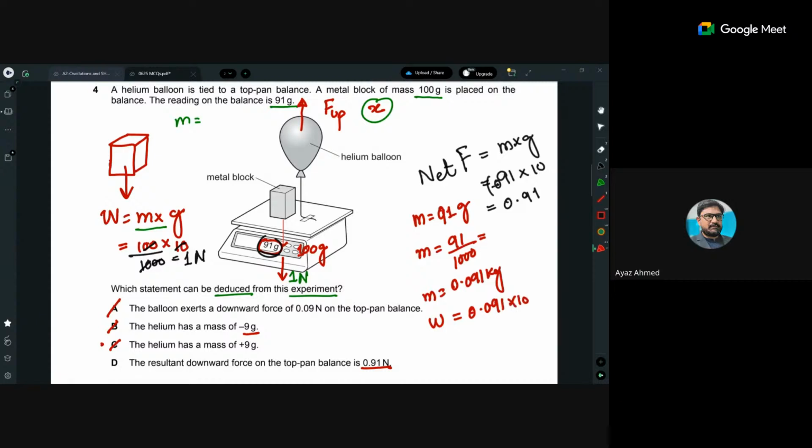What value did you get? 0.91. So it means now the reading shown to you is 0.91. That is the net force.